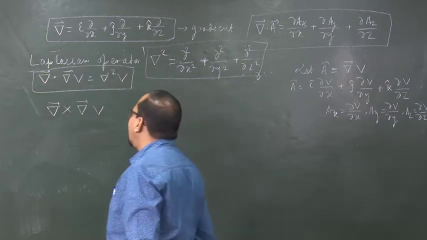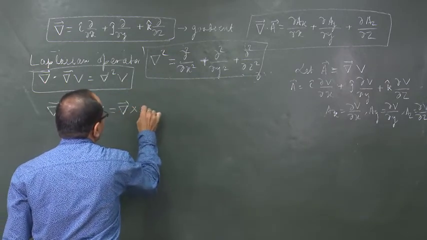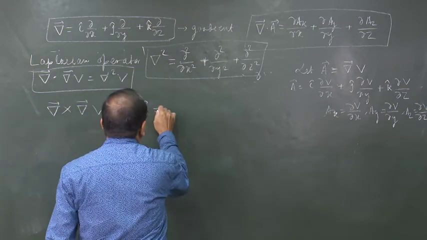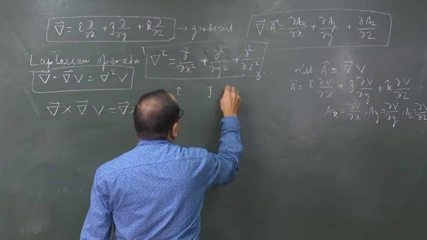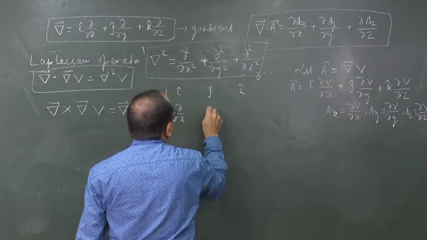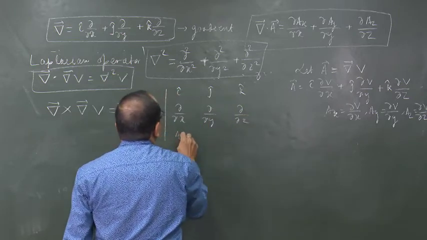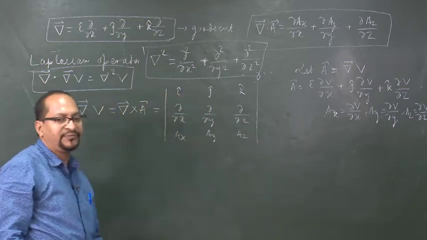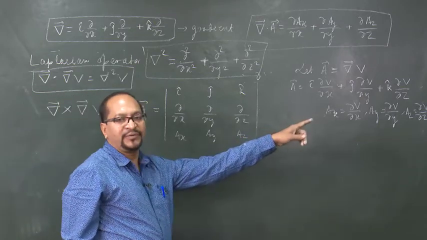Now, what is curl of grad V? It becomes curl of A, because you have put A is equal to grad V. So, this is now the determinant: i cap, j cap, k cap; del by del x, del by del y, del by del z; A x, A y, A z. This we have already derived. Now, we will put the values of A x, A y, A z.